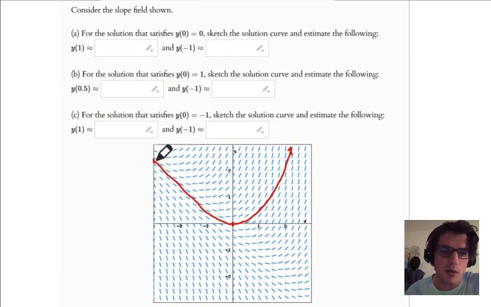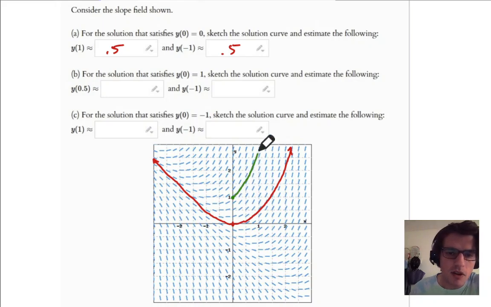It's kind of weird. Kind of get stuck here. Then we're estimating y of 1. It looks like it's about 0.5. y of negative 1, 0.5, just looking here.